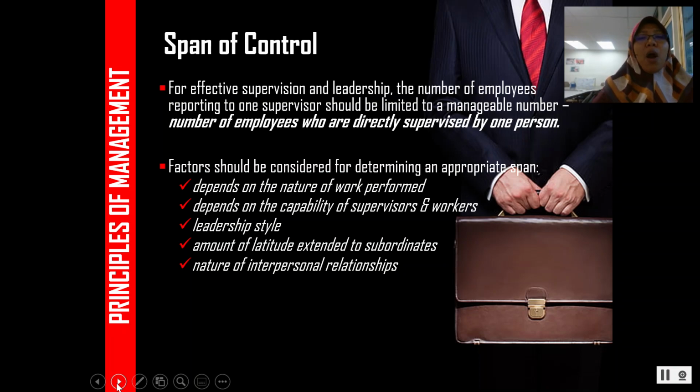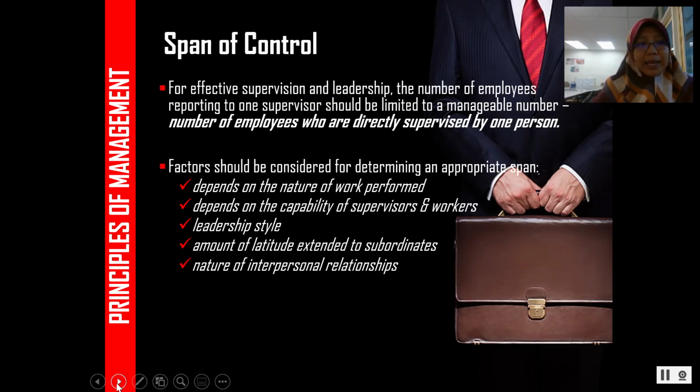So what are the factors that should be considered for determining an appropriate span of control? The first one, it depends on the nature of the work performed. The second one, it depends on the capability of the supervisor as well as the workers. The third one is the leadership style.